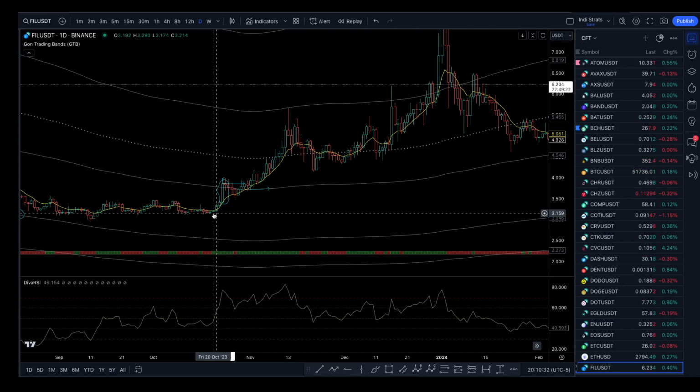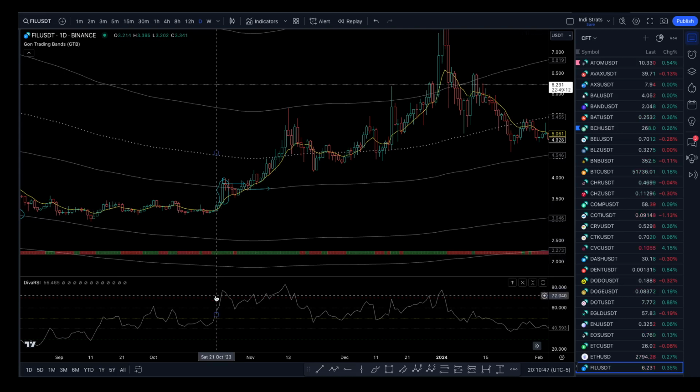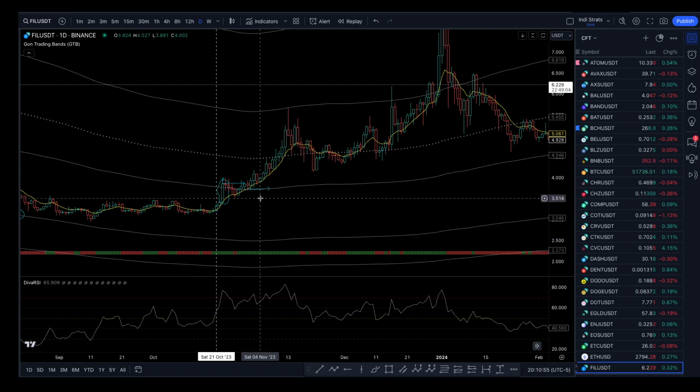So yes, price is starting to move in the right direction, but the Diva confluence is not quite there yet. On the next candle, we have both the close above the relative strength line, green box, and DivaRSI is at 56.46.